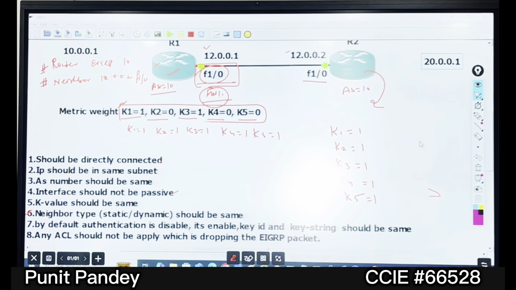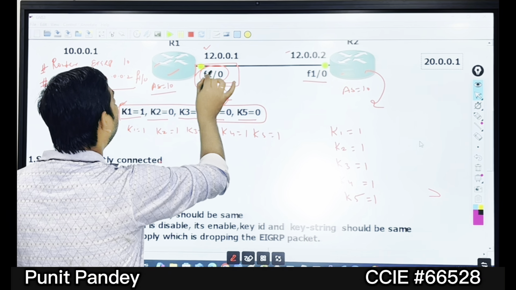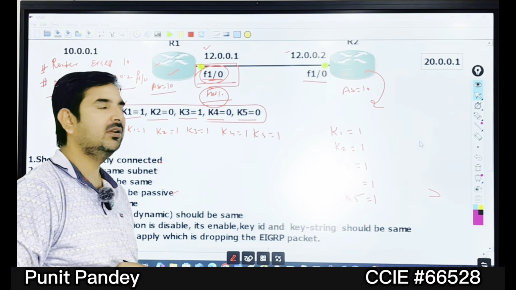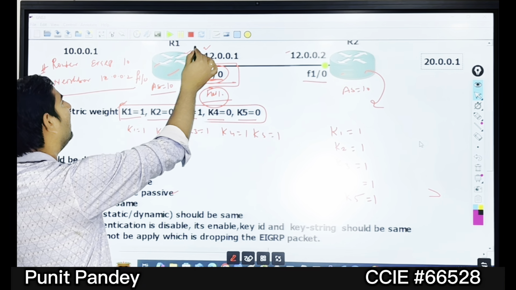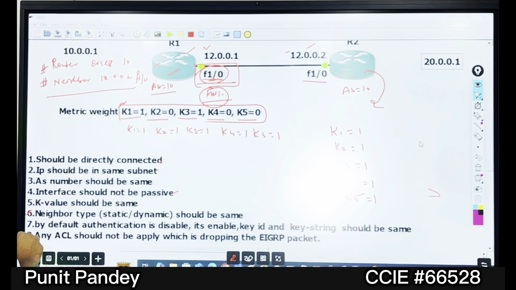What will happen in that case? R1 will always send unicast hello messages on this particular interface and will always receive unicast hello messages. If one side is static and the other side is dynamic, then the neighborship will never form. So that is the sixth condition that we need to check.